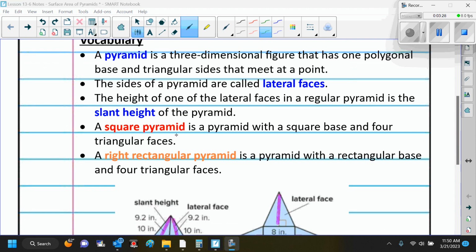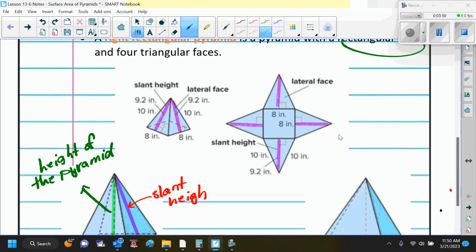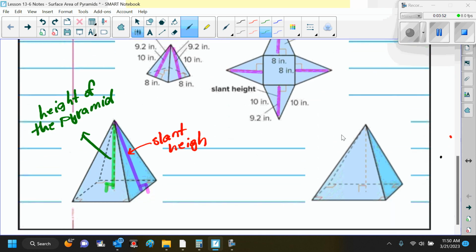A square pyramid is a pyramid with a square base and 4 triangular faces. So remember, the base is a square. A right rectangular pyramid is a pyramid with a rectangular base and 4 triangular faces. If we look back at our picture here, this is an 8 by 8. This is a square.